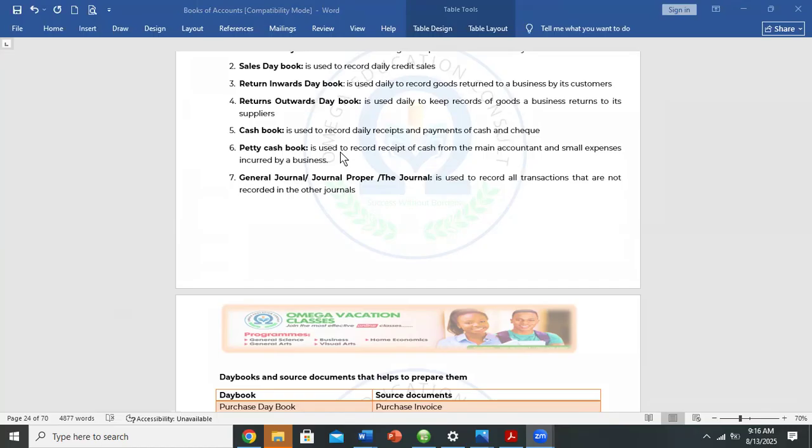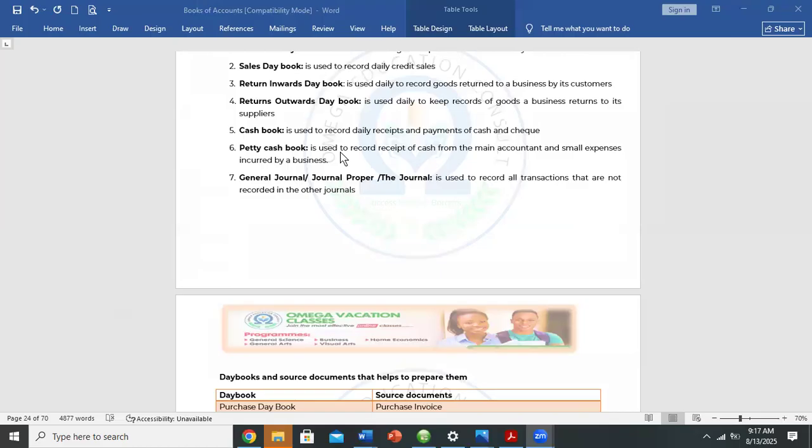Taxi drivers do not issue receipts, right? So we use the petty cash system to take care of those small expenses that you cannot get a receipt for. You buy a sachet of water from a hawker, you don't expect that the person will give you a receipt, right? So those petty expenses are catered for in the petty cash book.